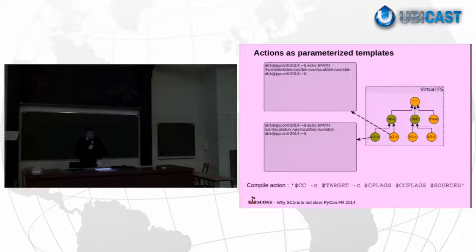You see this at the bottom. A compile action is actually defined as a string made up from simple variables. And these variables then get expanded by what's defined in the current environment. And in this way, we are very flexible and can build a lot of complicated stuff.